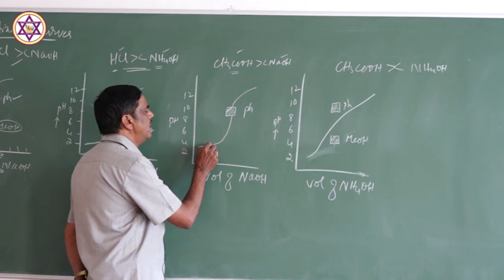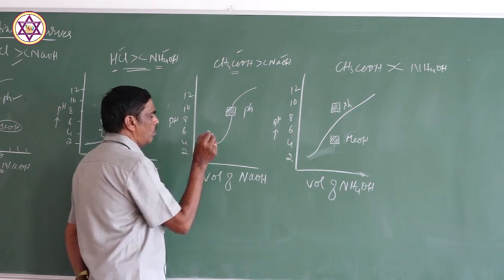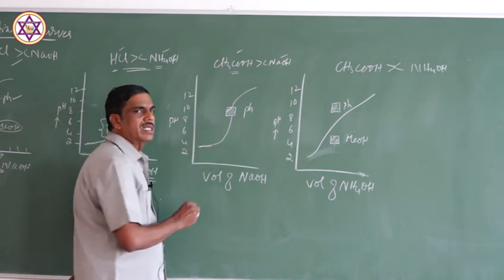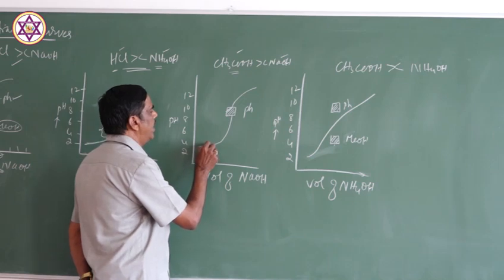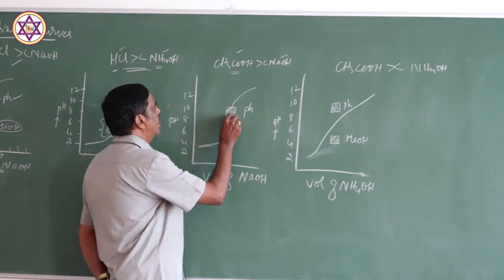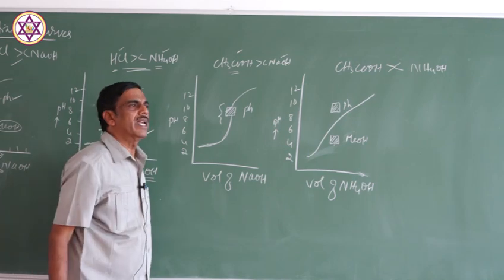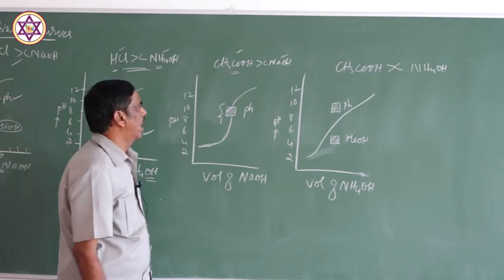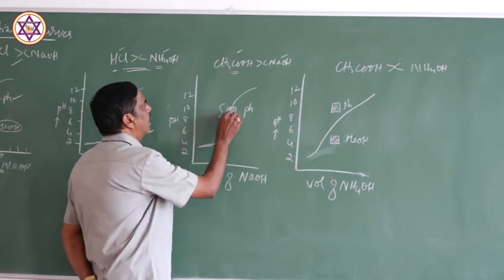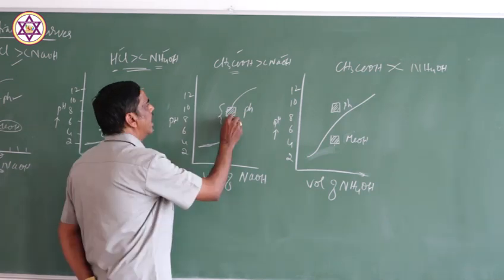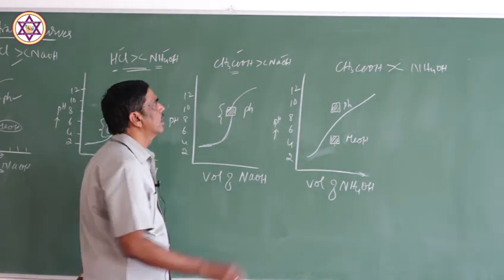Therefore, pH changes. At the end point, what happens? When acetic acid is completely neutralized, the pH suddenly changes in the phenolphthalein range. The range of phenolphthalein indicator is 8 to 10 or 10.5. At that range, there is a sudden rise in pH when you add sodium hydroxide.